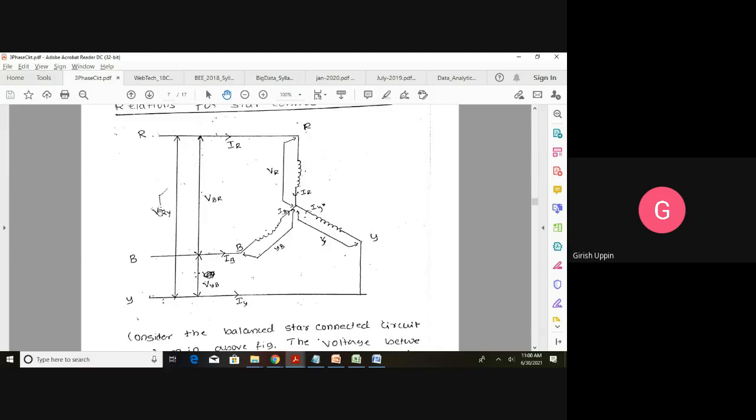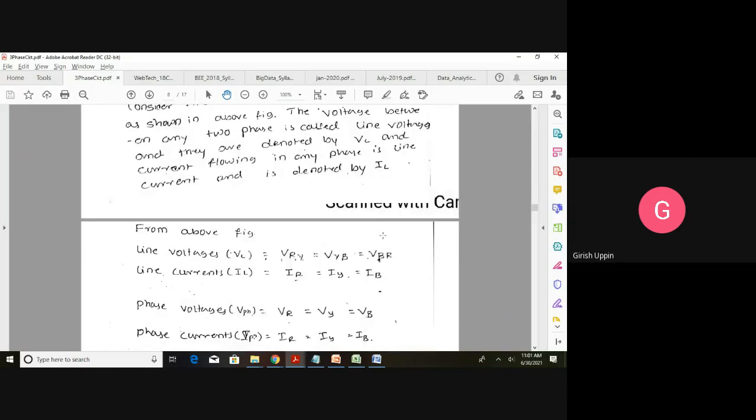Once again, what is VRY? R and Y is these two. VRY is equal to the voltage across this, which is VRN. This node is N. Then plus, that is a phasor sum, VNY.